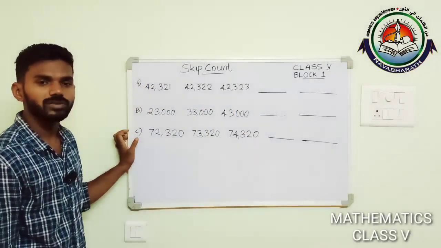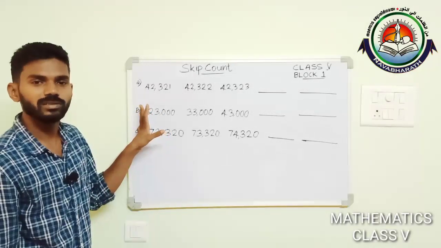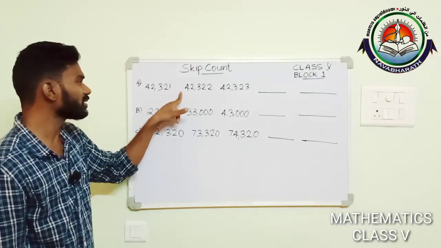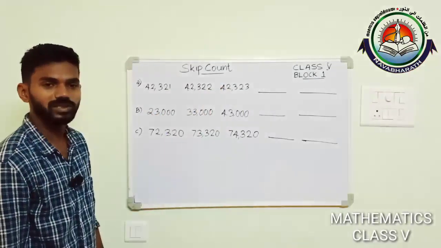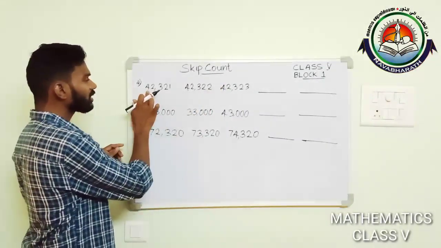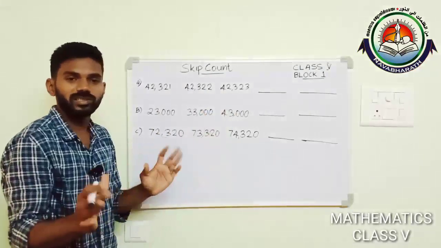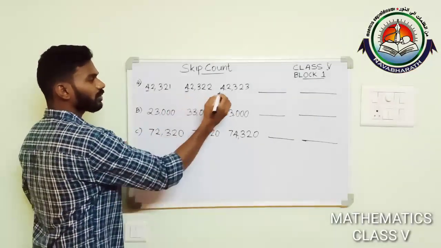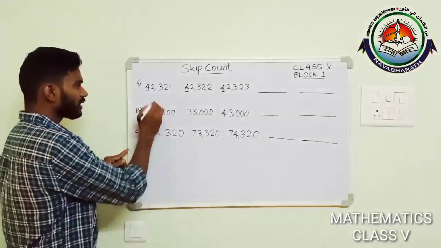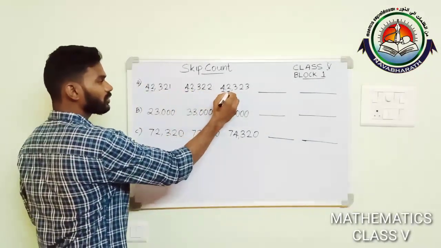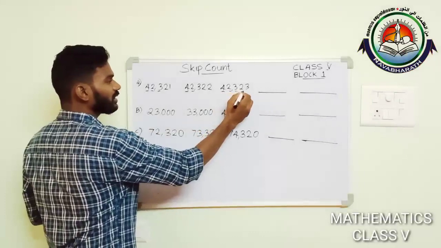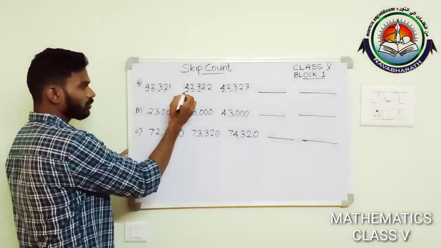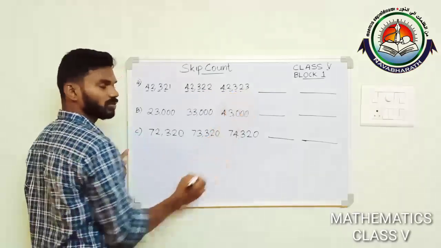42,323. So you can see that there is a change in the ones place, and all other digits remain the same. You see, here 4, here also 4, here also 4, here 2, 2, 2, 3, 3, here also 3, 2, 2, here also 2.